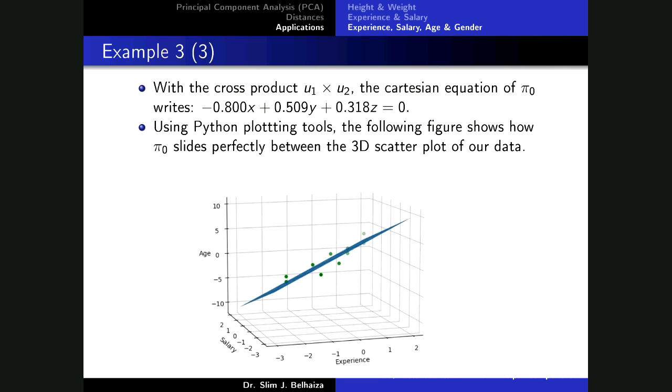So that's what I promised you. I promised to show you how to work on the fold data.